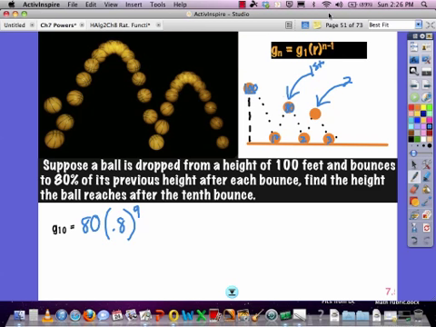So we are now looking at, what was this, 100 feet originally? The ball would only be at 10.74-ish feet after the 10th bounce. Okay? So that's a real life situation that you can use on your problems there.